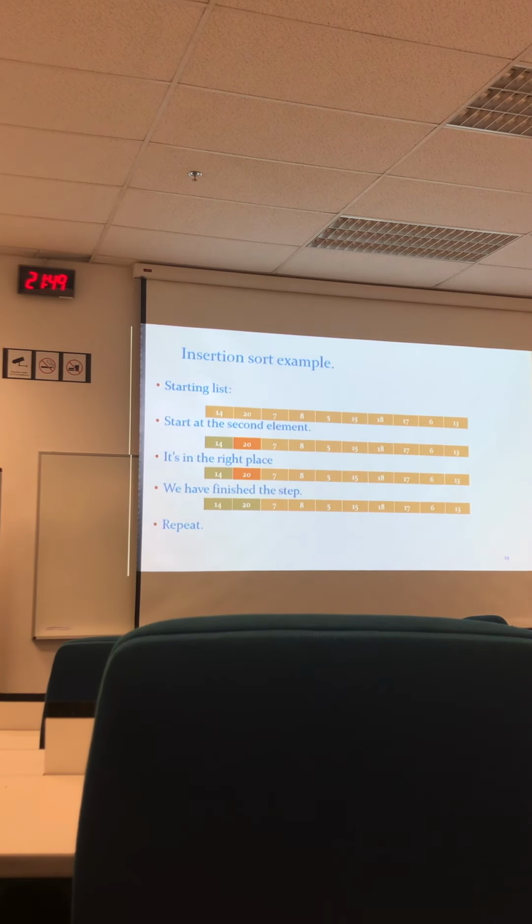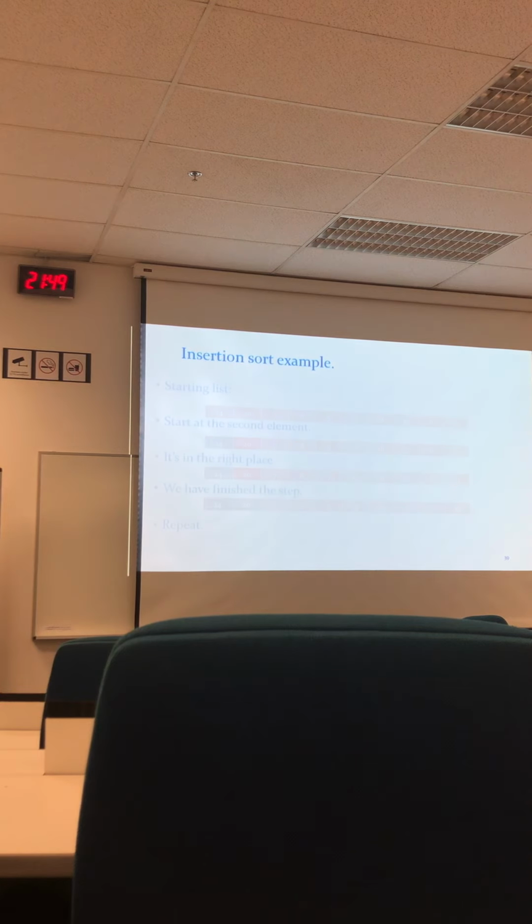That is the same as selection sort, but we do it in a different way. In selection sort, every round we select the smallest element and bring it to the front. That's how the name is given. Selection sort is to select the smallest element. For insertion sort, we arrange them in order. That's why we call it insertion.